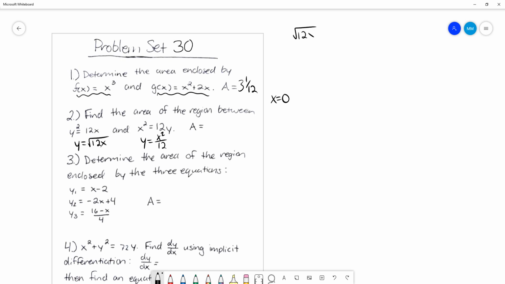Setting these equal to each other now. Easiest thing to do here is just square both sides. So 12x equals x to the 4th over 144.